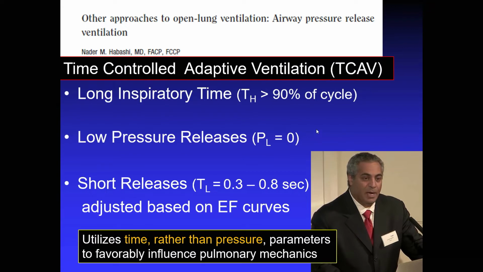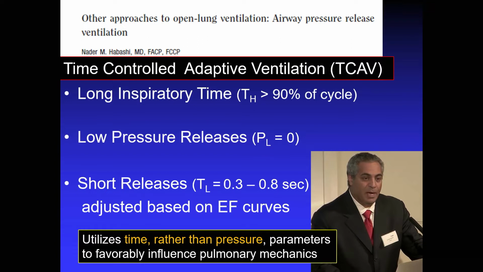The core constituents and the core characteristics of TCAV are a long inspiratory time, typically greater than 90% of the cycle, at least once the patient has become stabilized, at a relatively high pressure, typically at least in the 20s and sometimes in the 30s and on occasion on rescue cases even in the 40s initially.